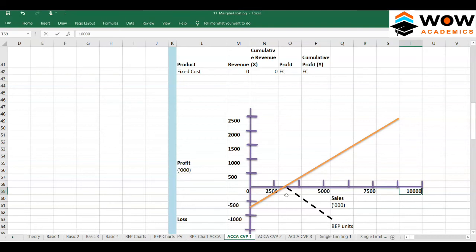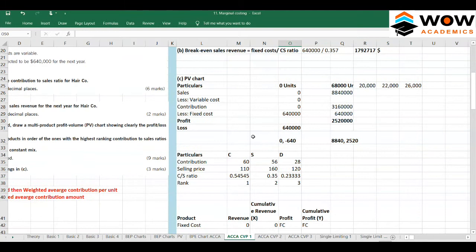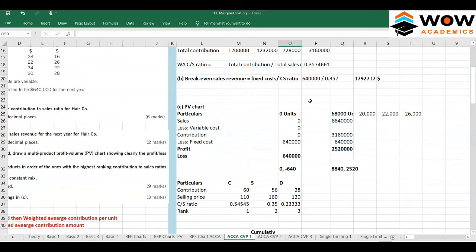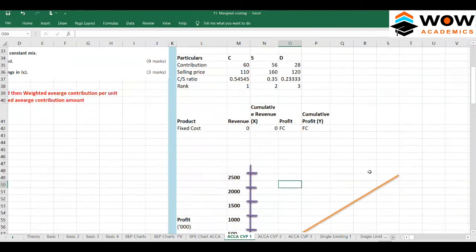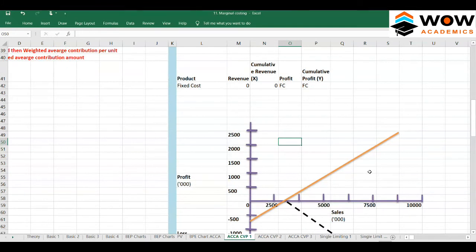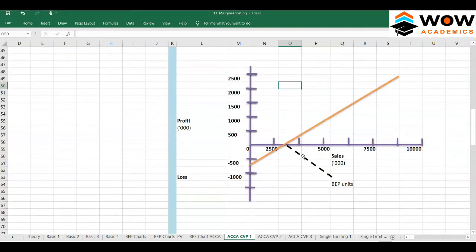So for the first line that we draw, we don't need to change much. The only difference is it is 8840 comma 2520. So this is the y-axis, and on this side you have the x-axis.